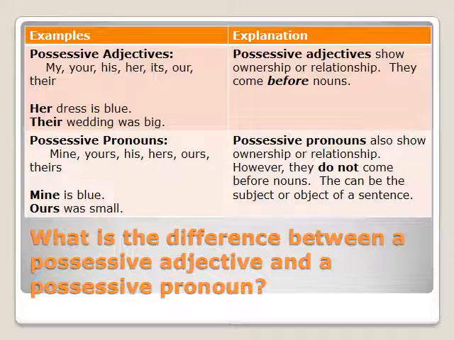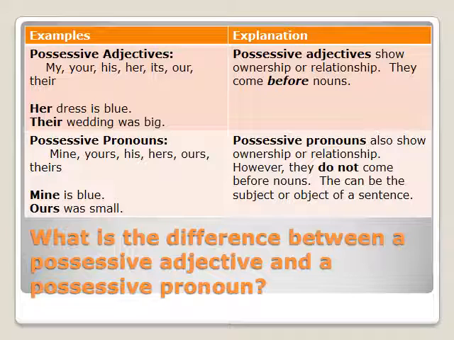But possessive pronouns are different. Remember we said just on the last slide that a pronoun replaces a noun. So possessive pronouns do not come before nouns. They can be the subject or they can be the object of a sentence, meaning they can go before or after the verb.